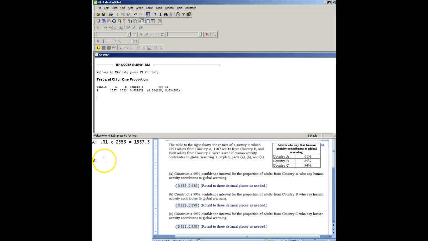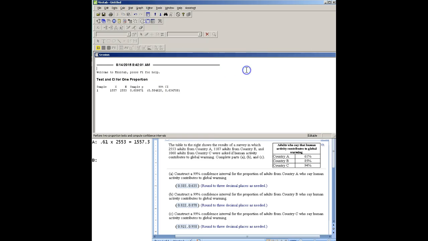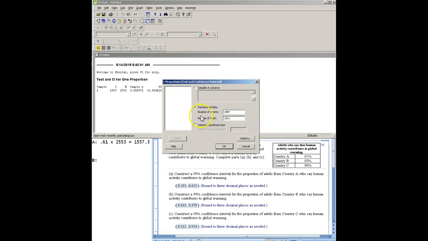It's just unavoidable. So let's take a look at question B. Let's construct the 99% confidence interval for country B. We can either go back in under Stat, Basic Stat, 1 Proportion, or we can do it the easier way and just go back under the edit last dialog box, which I like to do, and change the number of events and the number of trials.